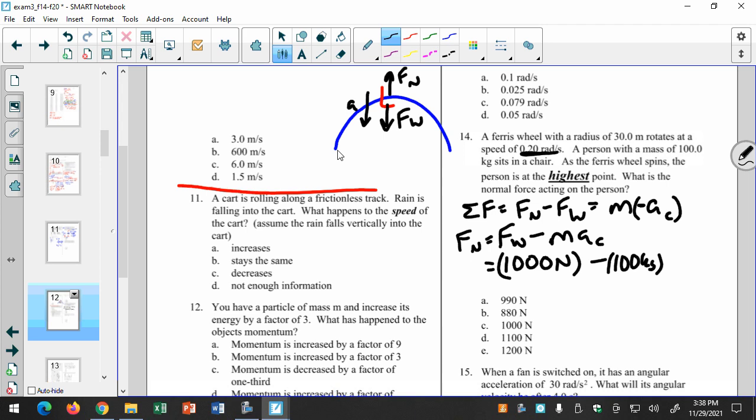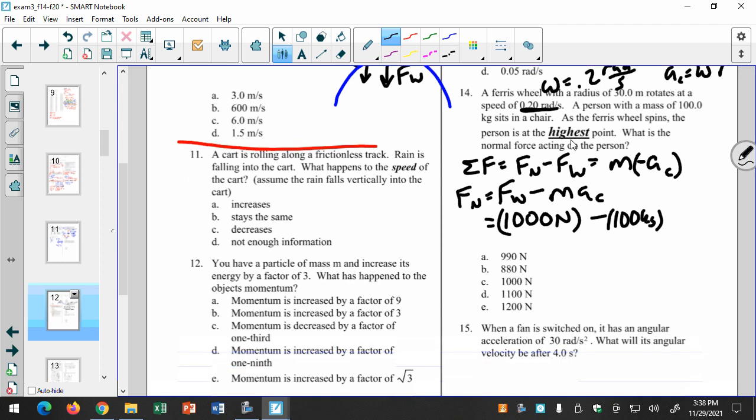I'm given omega here, equal to 0.2 radians per second. So remember, a_c is equal to omega squared r. So this is going to be 0.2 squared times the radius, which is 30 meters.